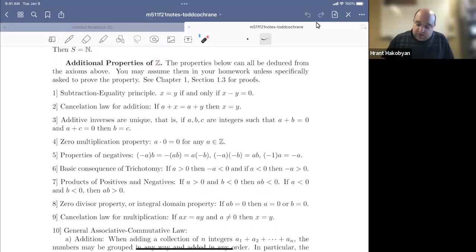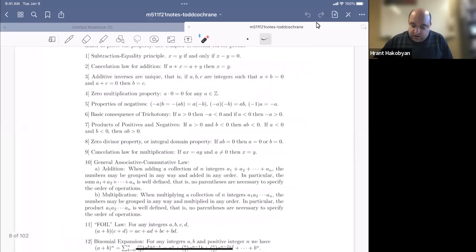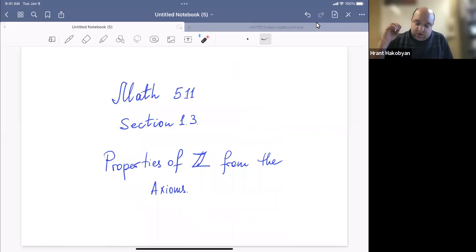Some of these include the subtraction equality principle, which says that x equals y if and only if x minus y equals 0, and several other ones. I won't be able to cover all of them, but I'll give you an idea how you can write down the proof, at least in some of the important situations.